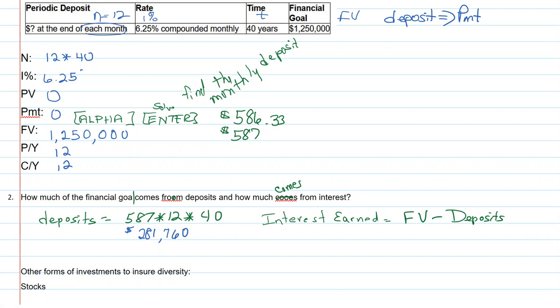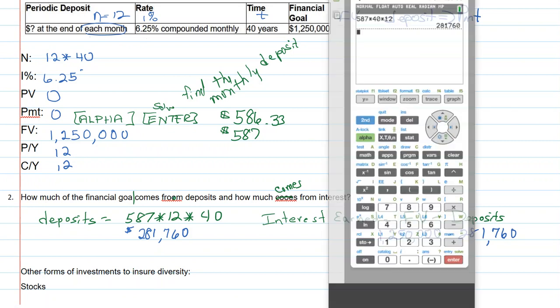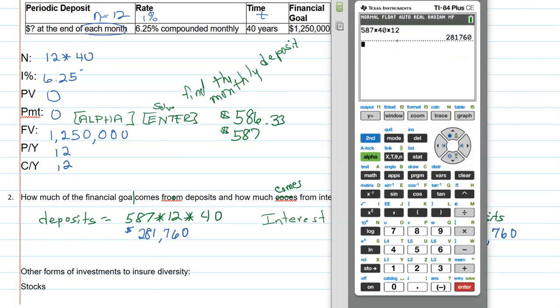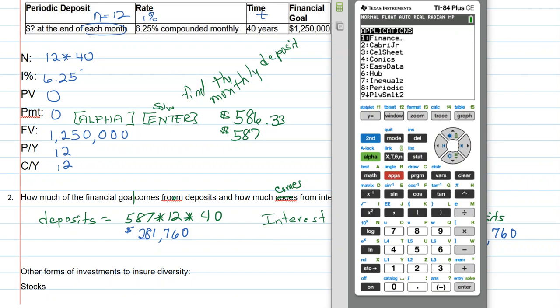So we've got approximately $1,250,000 minus the 281,760. 1,250.